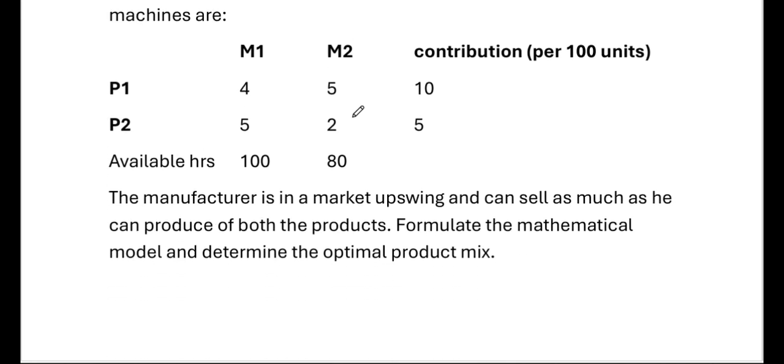Looking at this, the first thing you look at is machine 1. The constraint is 100 hours. That means machine 1 can only work for 100 hours, machine 2 for 80 hours. Here we are going to assume one is X and the other one is Y. So how do we do that?